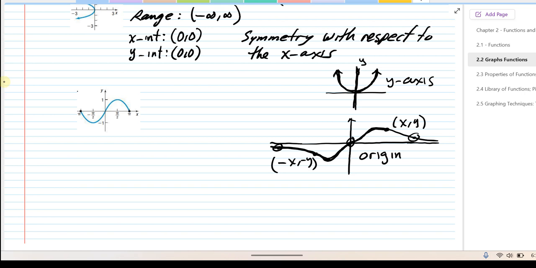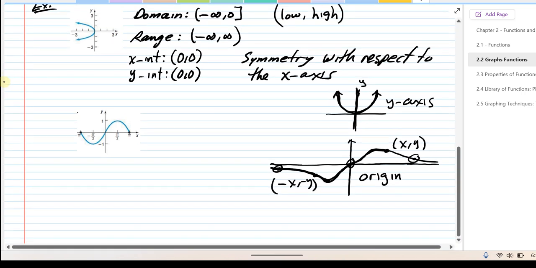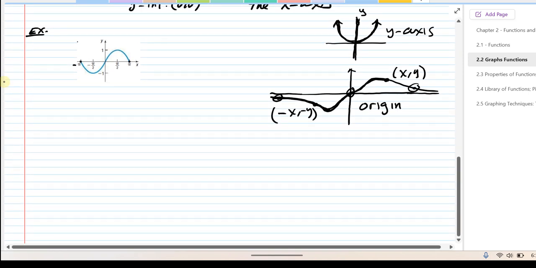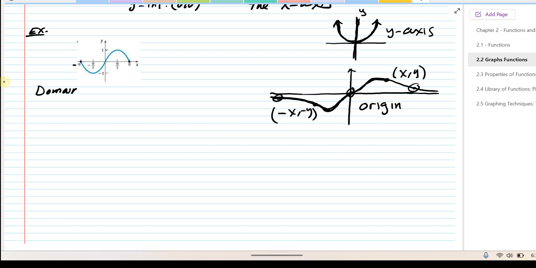All right, so for the one we just looked at, there's only one symmetry, with respect to the x-axis. Now let's look at this last example here. And this is supposed to be negative pi, by the way, because it's to the left of 0. For this one, let's do the same things. What are the domain and range? Well, the domain, possible x's, goes from negative pi to pi.